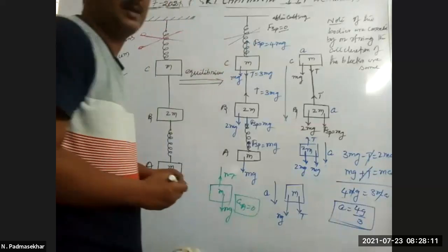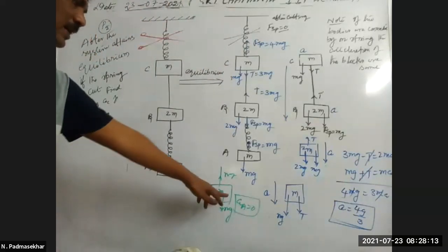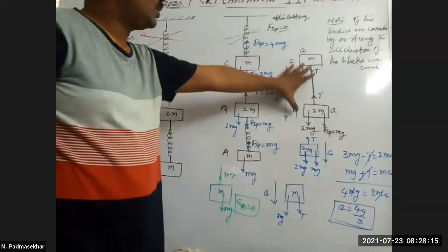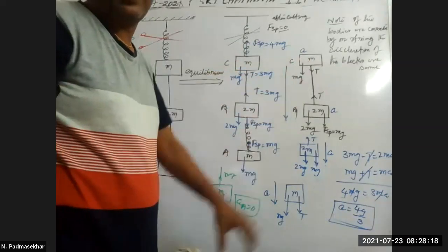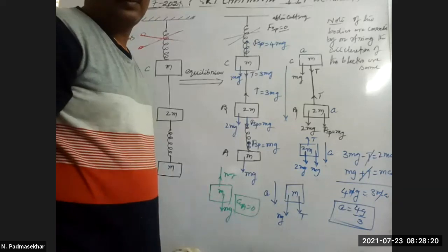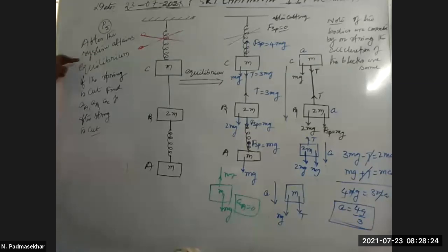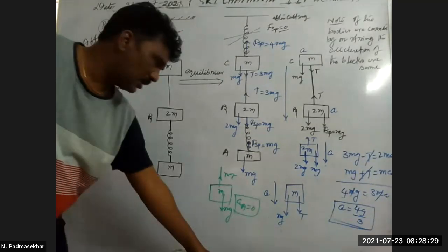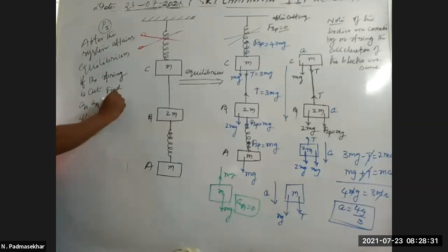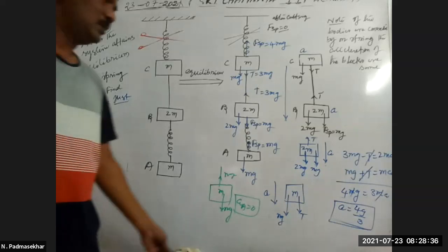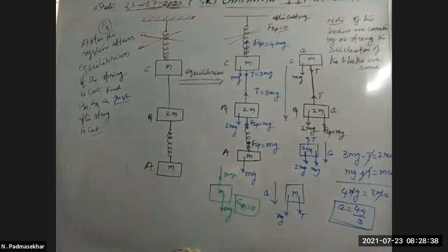This is the acceleration of block A. But these two blocks move with the same acceleration just after the string is cut.